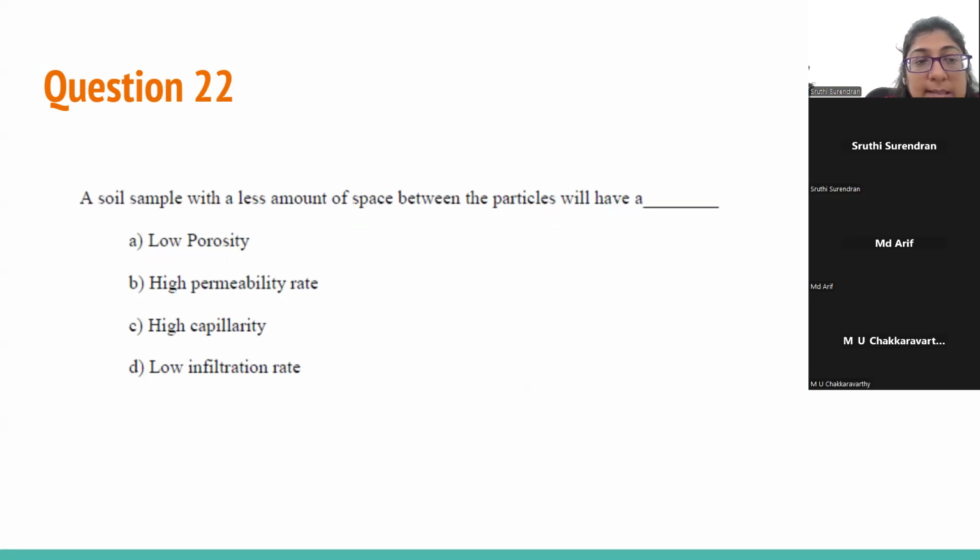Next question, a soil sample with a less amount of space between the particles will have what? Low porosity, high permeability, high capillarity, or low infiltration rate?